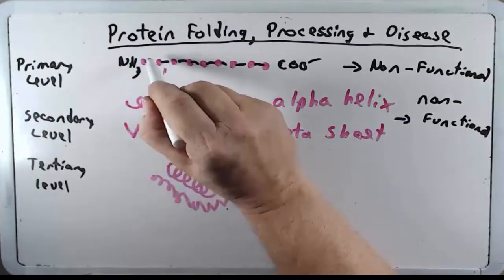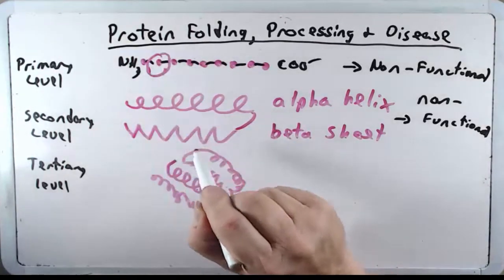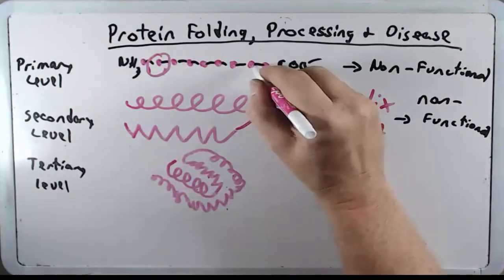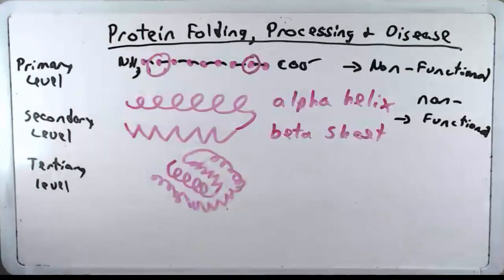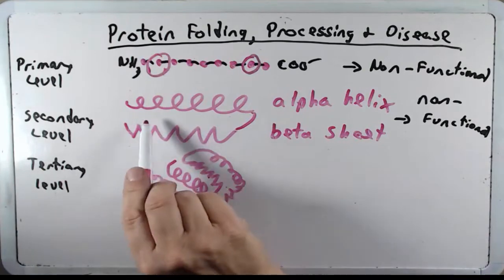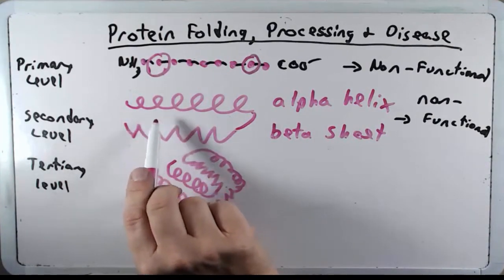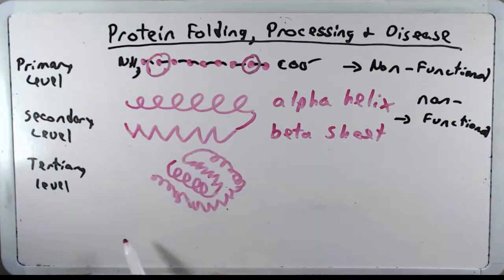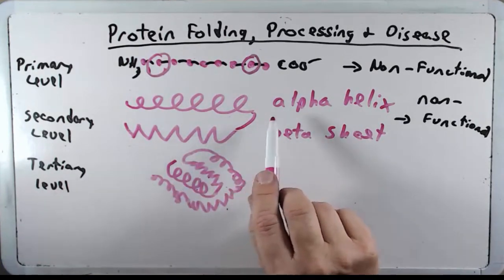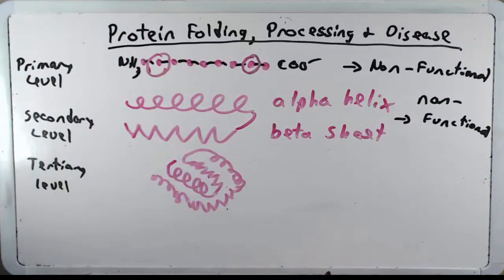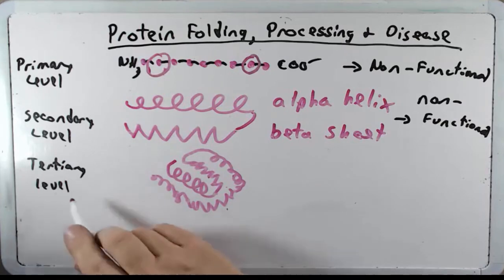Because this region of the protein in the primary level, when it folds upon itself like this, may actually be interacting with this amino acid. Secondary structure is more local areas of binding to create these alpha helices and beta sheets. But the tertiary takes advantage of features on all ends of the protein to form this kind of big globular structure of the tertiary level.